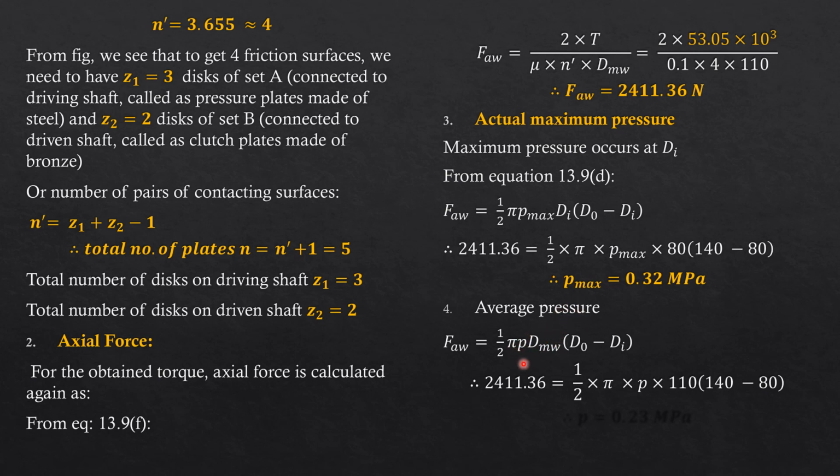And then you solve for the average pressure P. When you solve for P, you will obtain it as 0.23 megapascal, right? Therefore, the maximum pressure is 0.32. Required pressure is 0.35 as was given in the problem statement. But the maximum pressure is 0.32 and the average pressure is 0.23 megapascal.